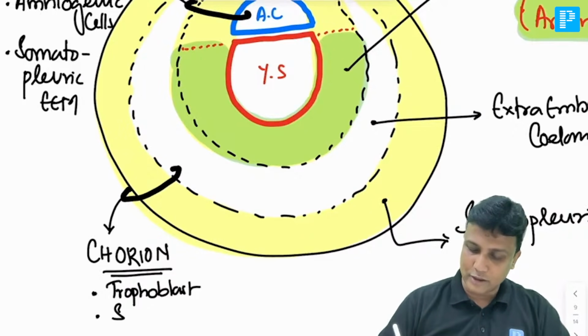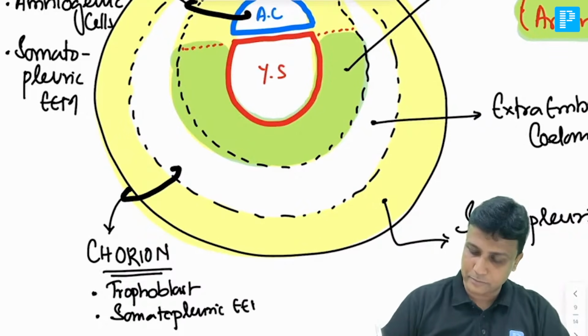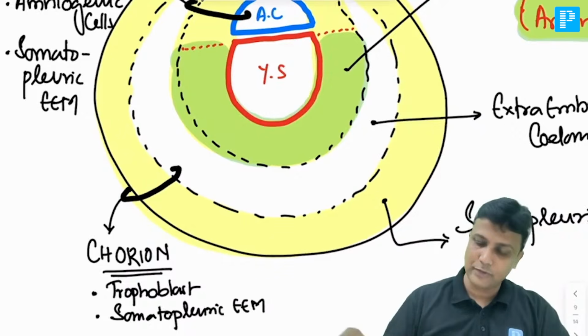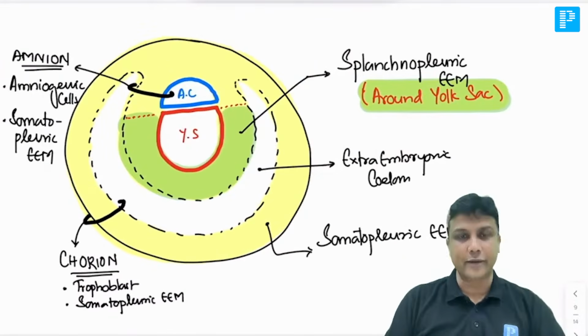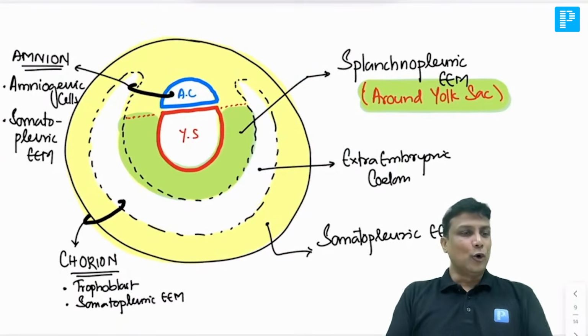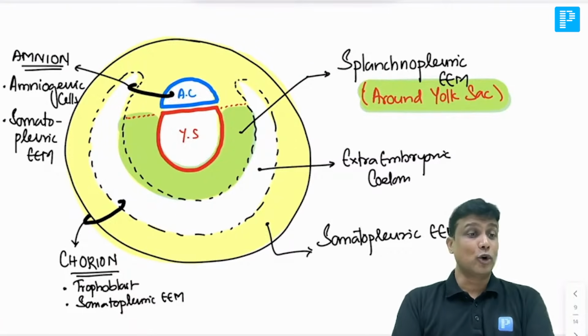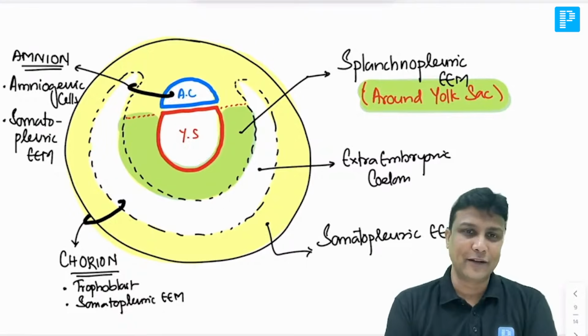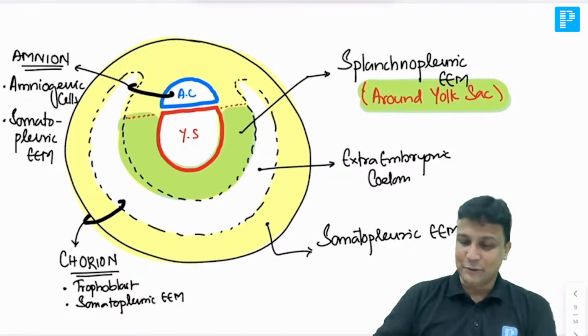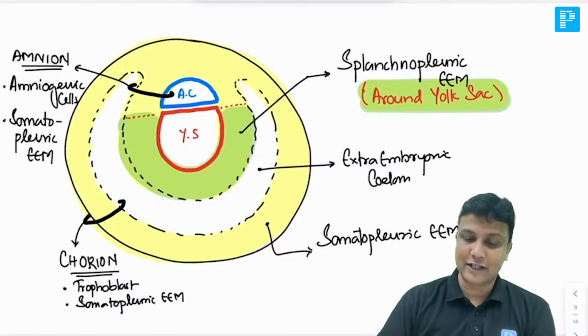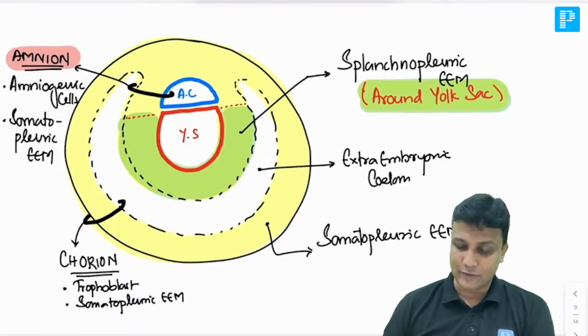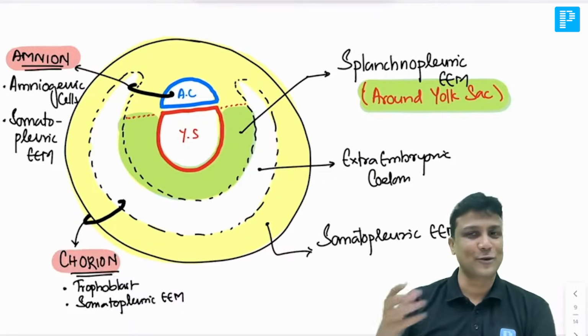And then the yellow colored one here will be the somatopleuric extraembryonic mesoderm. Are you understanding me? Chorion is nothing but trophoblast along with the somatopleuric extraembryonic mesoderm. Perfectly done. By this we are done with 2 more MCQs: one is your amnion, another one is the chorion.